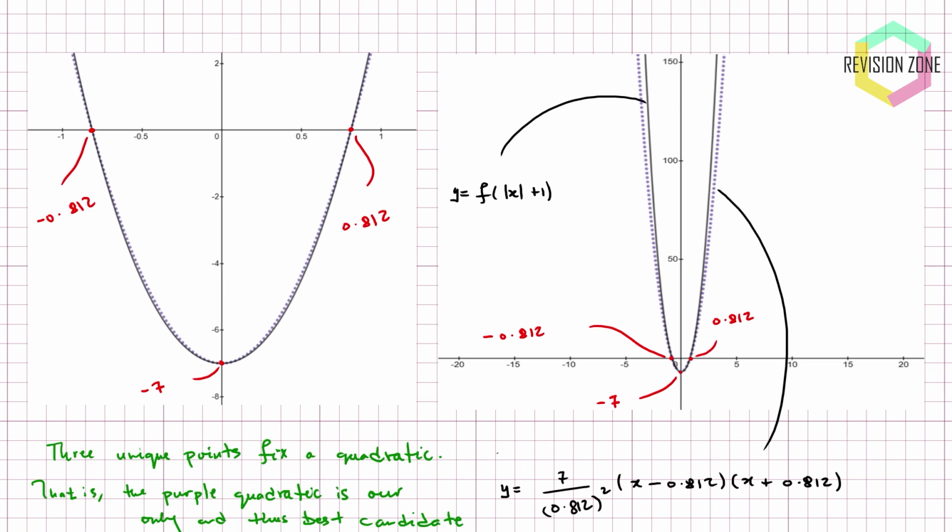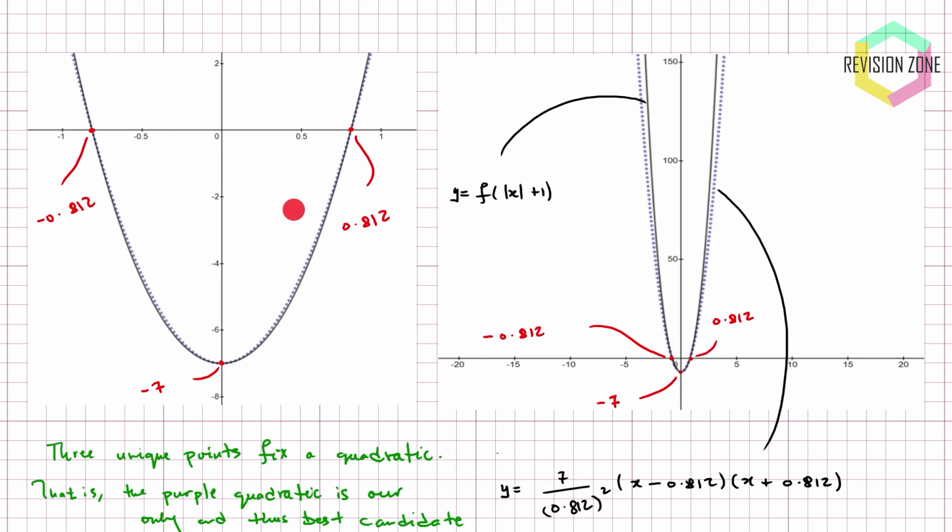So here we have it. Here, the black graph is the graph of the initial function that we wanted to sketch. And the purple curve is the graph of a quadratic, and this quadratic is not just any quadratic, it's a very special quadratic. So what do I mean? The graph on the left is a zoomed in version of the graph on the right.